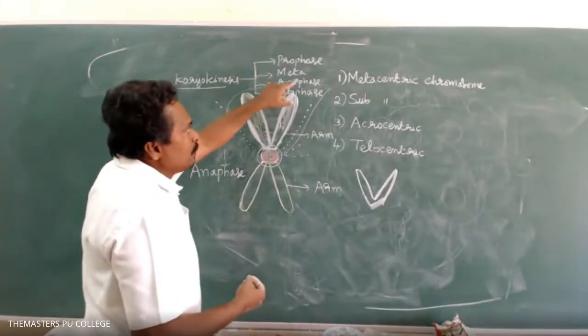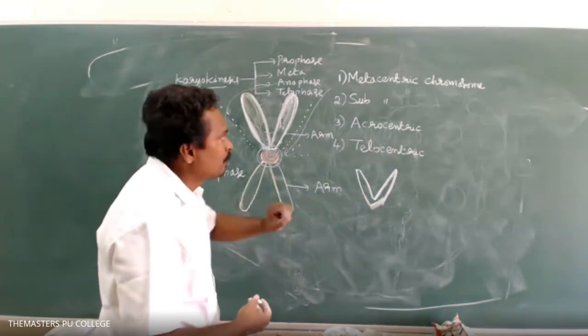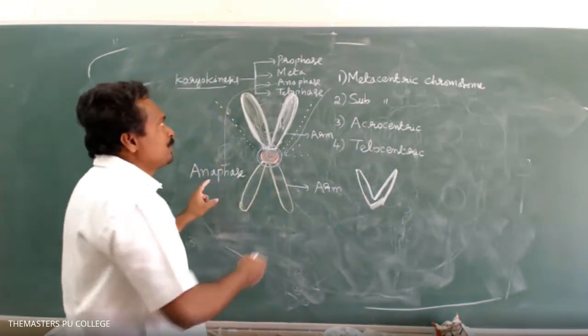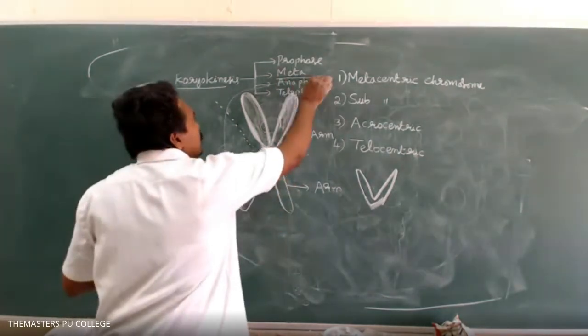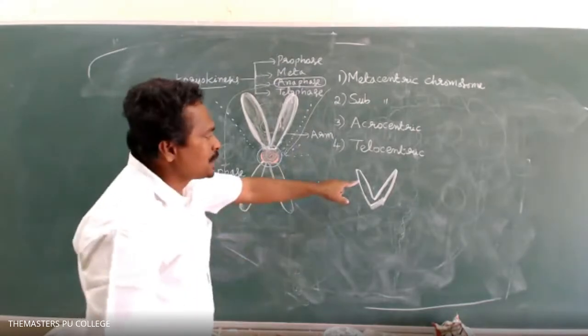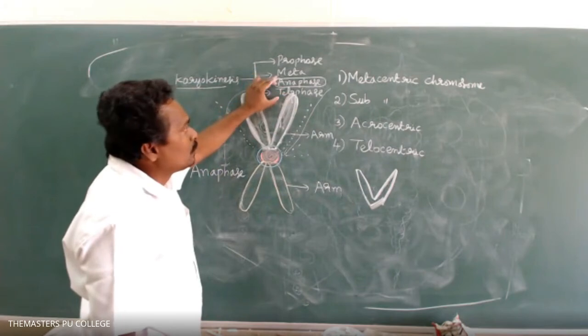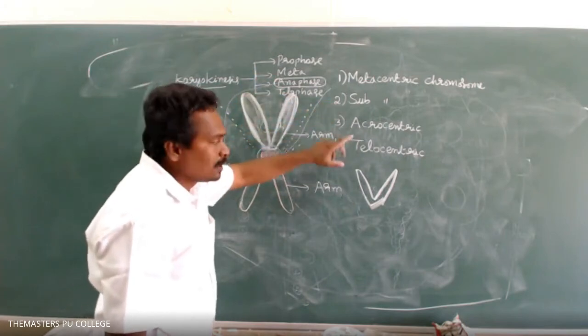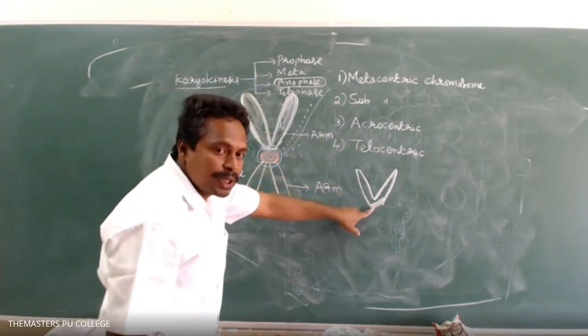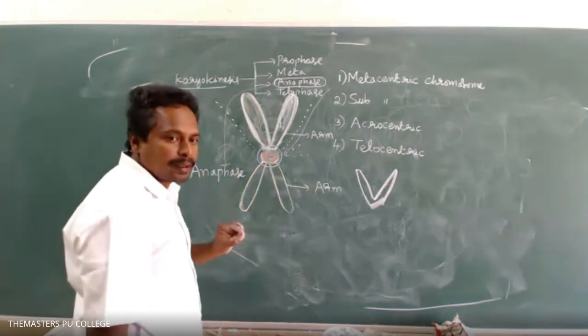In which phase does the metacentric chromosome attain V shape? Anaphase of the cell division. That is important from the objective point of view, and the shape is also important. The V shape. The metacentric chromosome appears like a V shape during anaphase of the cell division.